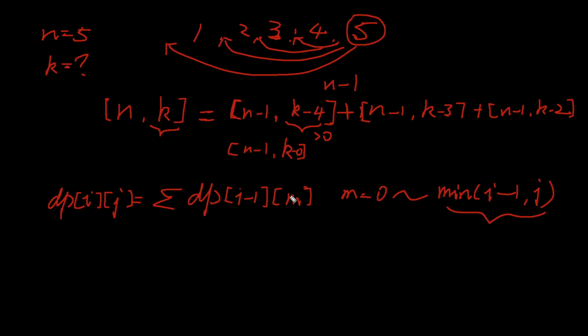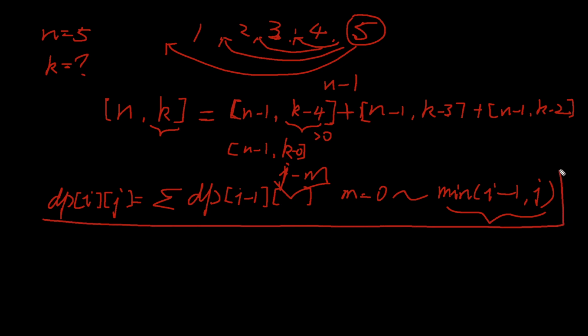Actually, sorry, this is going to be the k. Sorry, this is j minus m. Yeah, yeah. So that's going to be the DP state transition function here, right?